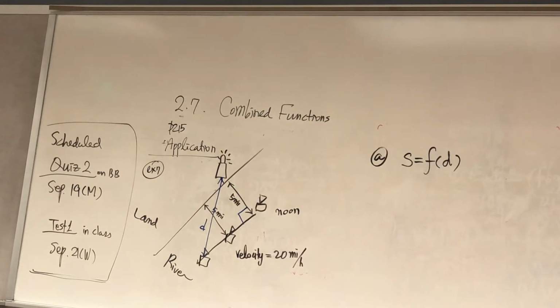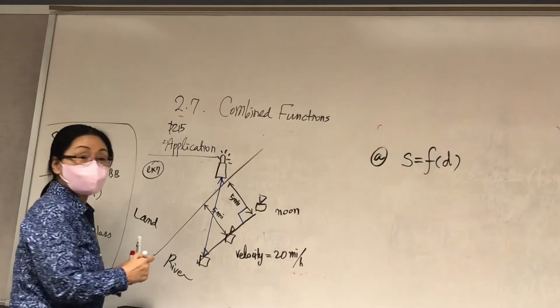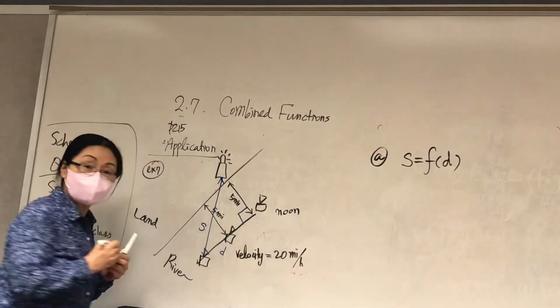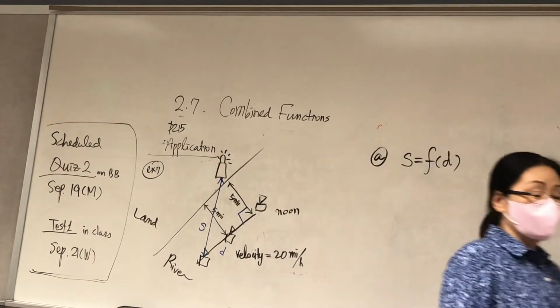What is D? Sorry, I made a mistake in the picture. This distance we want to measure by S, and this distance we say D. Sorry for that. And this is 5.